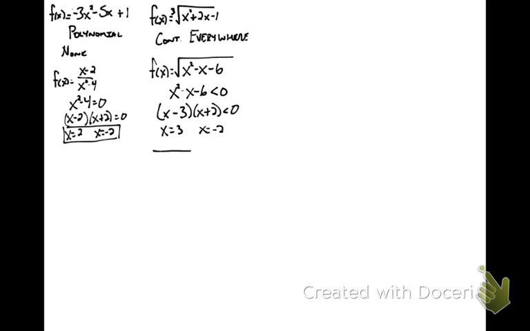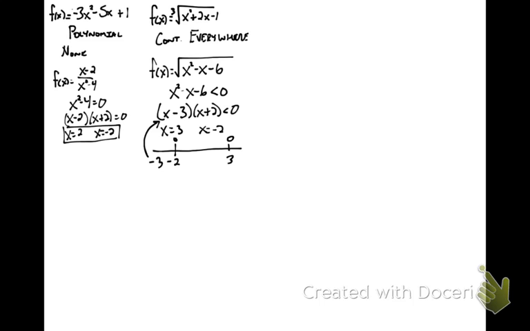So I'm going to do what's called sign analysis to help me make sense of this. I know at these 2 points is where it equals 0. And I want to know what's happening between those 2 points. So I can just test some numbers. If I try negative 3 as an example, I'll substitute it back into this form.